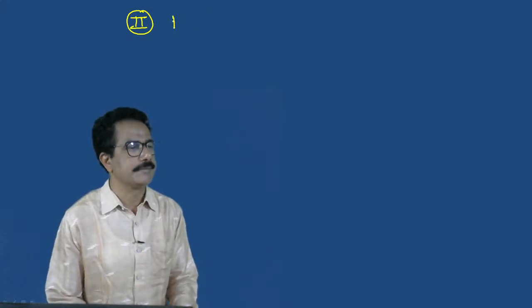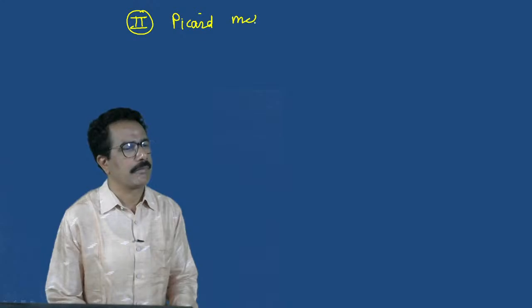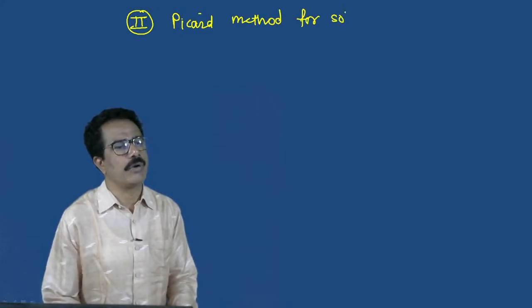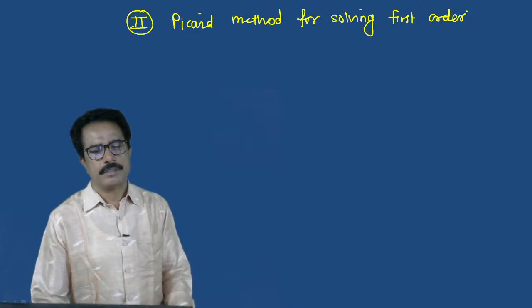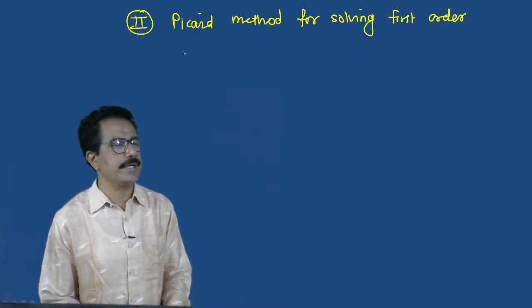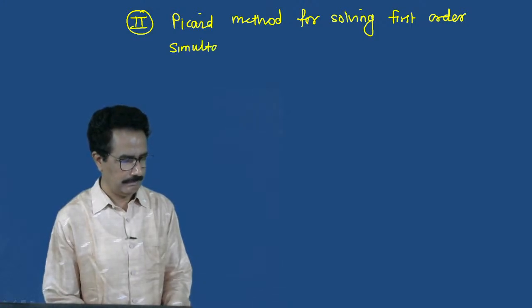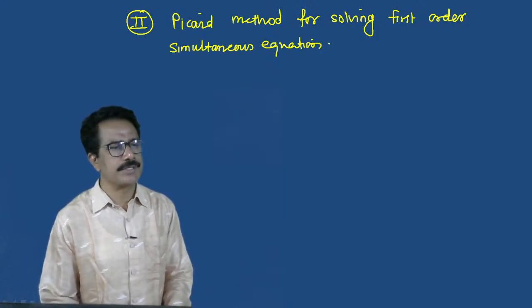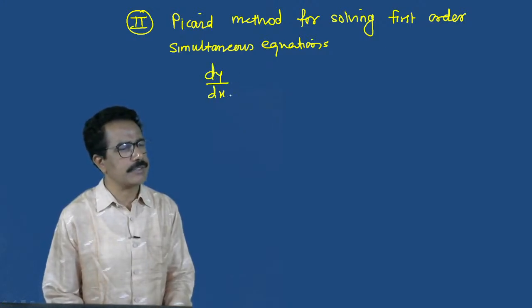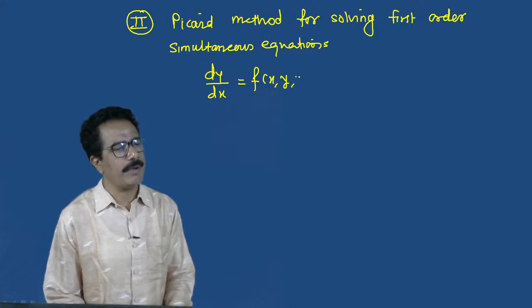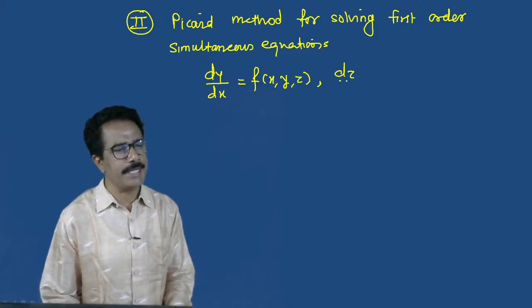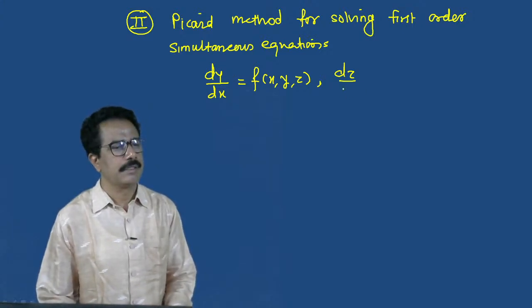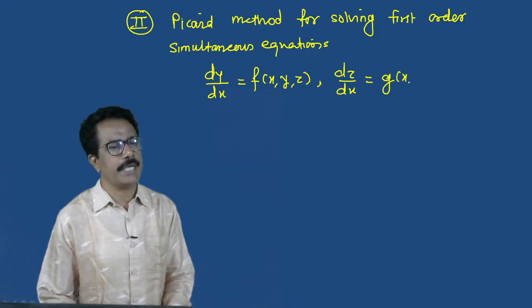Now we shall move to Picard method for solving first order simultaneous equations such as dy by dx which is equals to f of x comma y comma z and dz by dx which is equals to g of x comma y comma z.